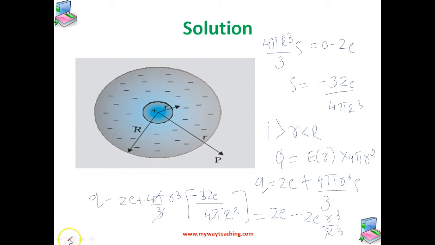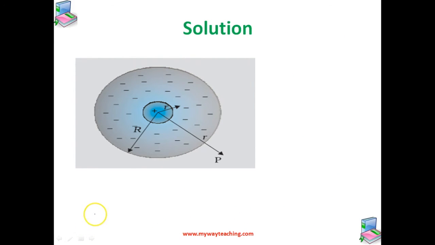Gauss' law then gives E(r) equal to Ze by 4 pi epsilon naught times (1 by r square minus r by R cube) for r less than R, and the electric field is radially outward.